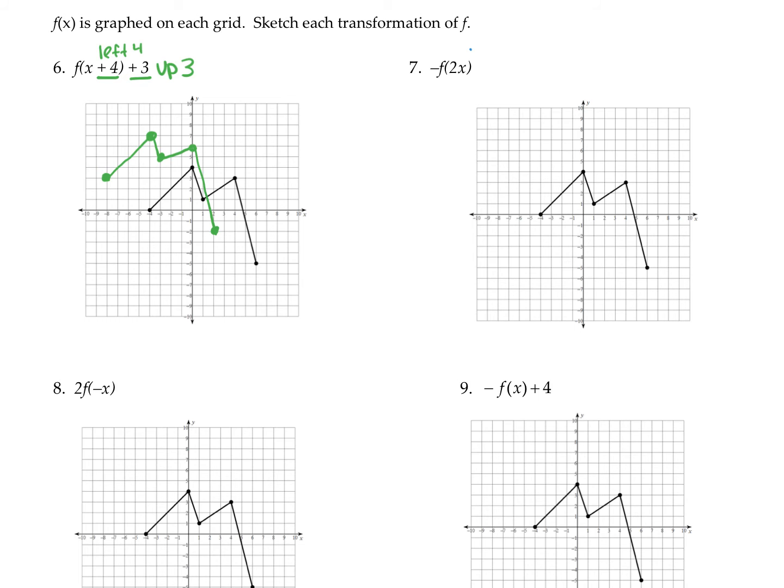So number 7, the negative in front is a reflection over the x-axis. The 2 is a horizontal shrink of a half. So first, let's cut all of our x's in half.